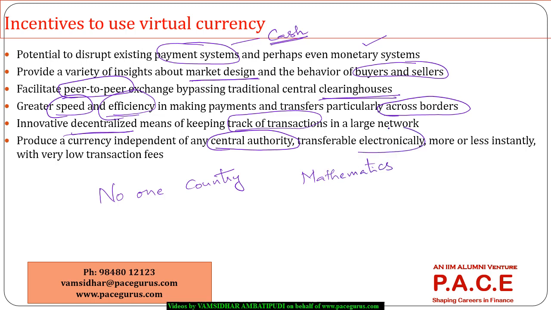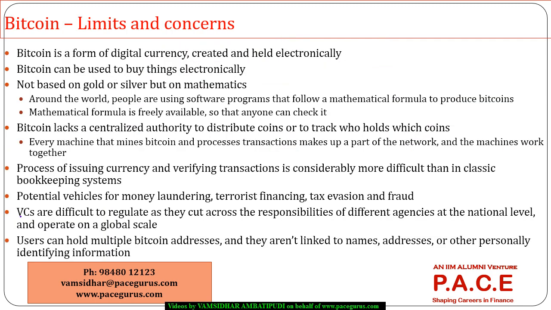So it can be transferred electronically. There could be an instant transfer and the transaction fees is almost negligible. So using virtual currency could really facilitate the quick, efficient ways of making and receiving payments. So which means in the next generation we can see too much of usage of virtual currency in the day-to-day transactions.